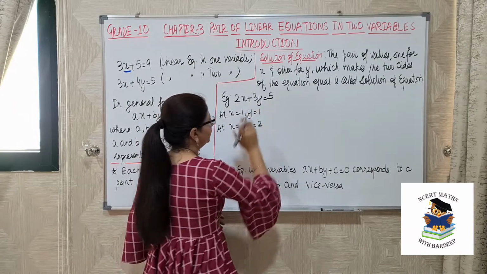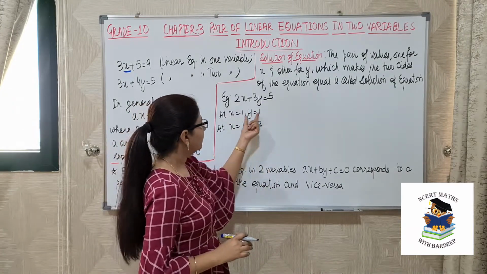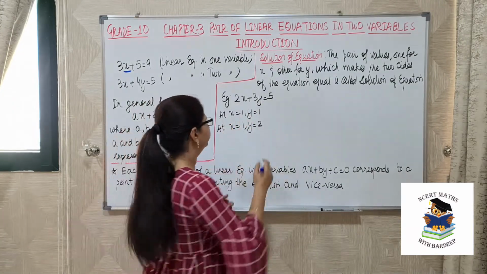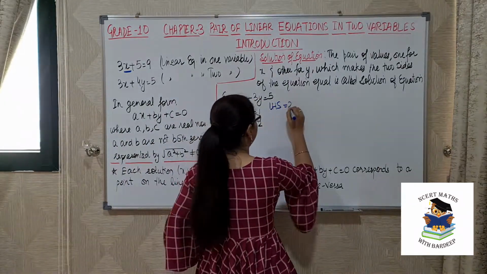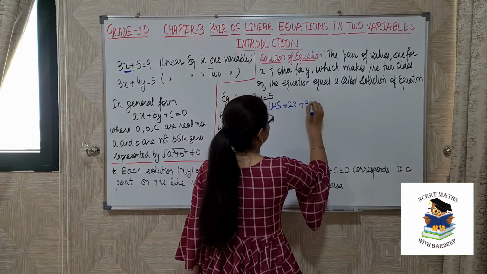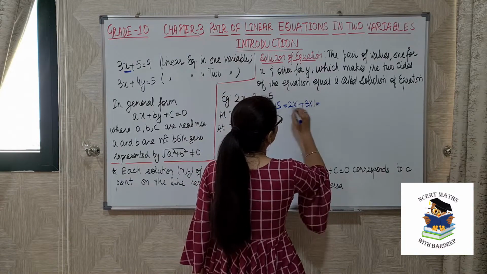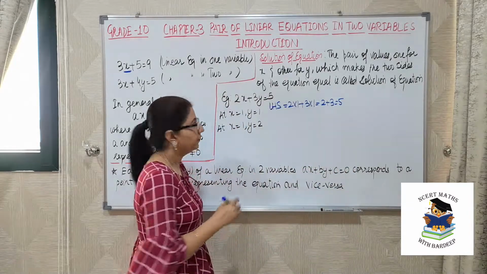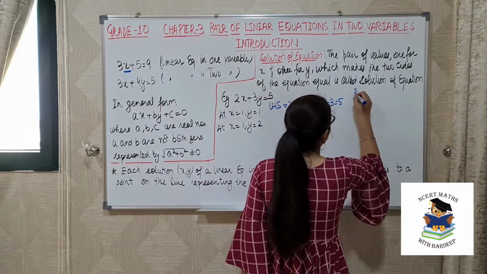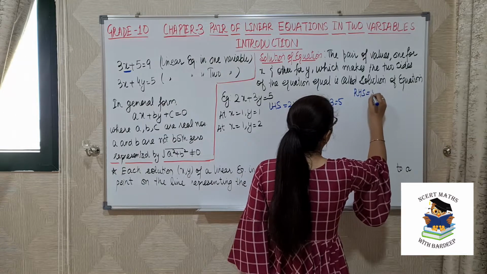2x plus 3y equals to 5. Let's put x as 1 and y as 1. So what will be the left hand side then? 2 into 1 plus 3 into 1. So this is 2 plus 3 equals to 5. And what is the right hand side in this case? That is also 5.